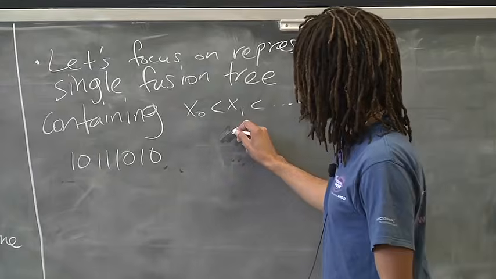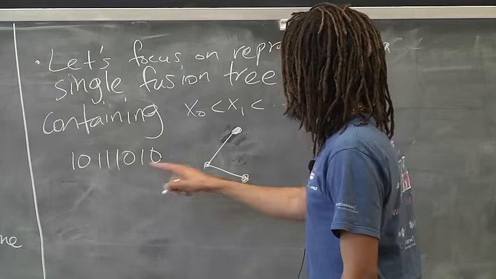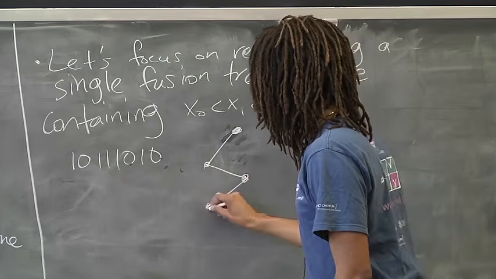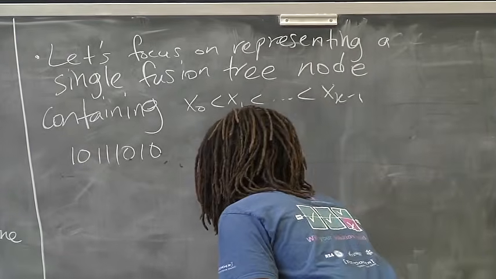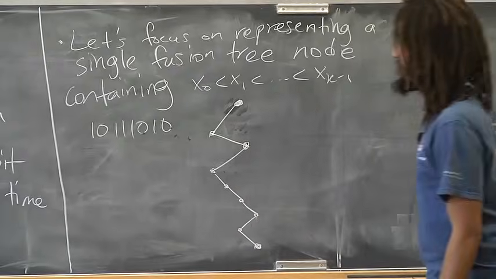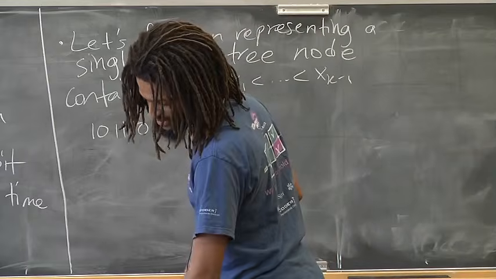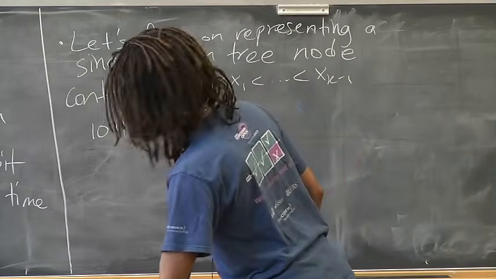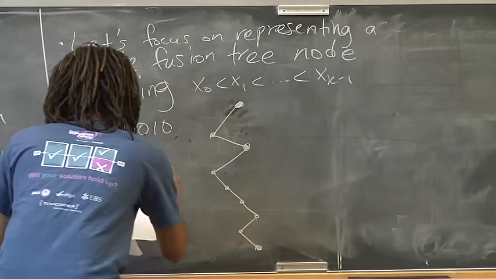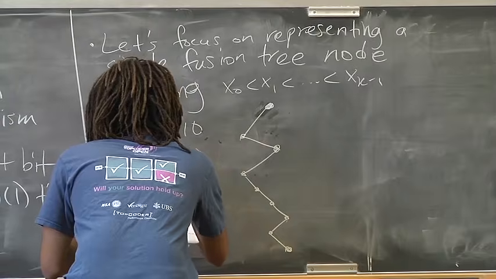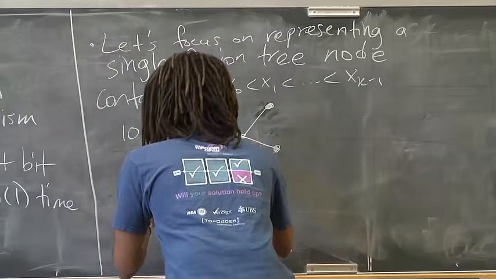Okay, so I see 0, I see 1, 0, 1, 1, 1, 0, 1. Okay? And then there are some other xi's in here. There might be another one that looks like this. Let me draw it.